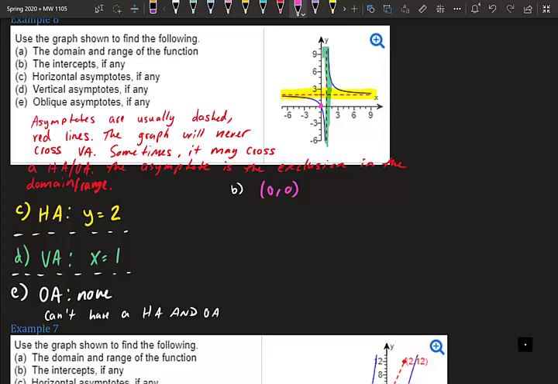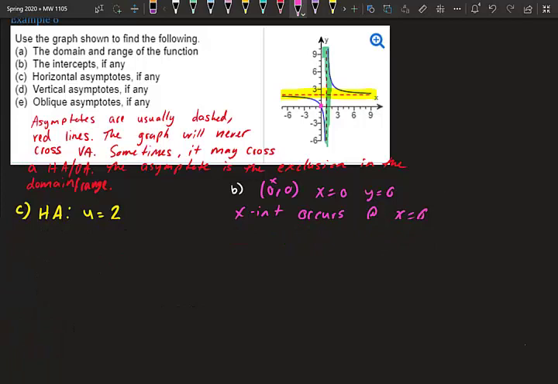So that means we actually have two intercepts, because that's x equals 0 and y equals 0. So we have an x-intercept and it occurs at x equals 0, and then we have a y-intercept which occurs at y equals 0.